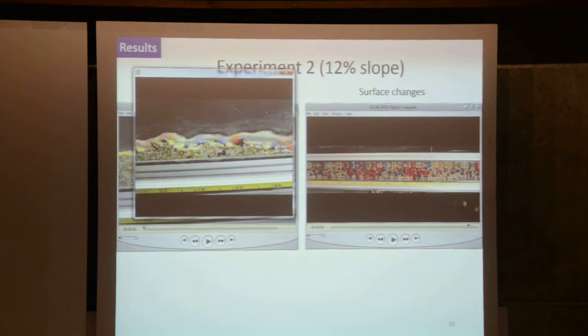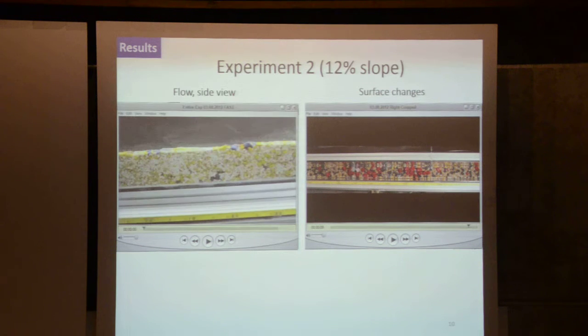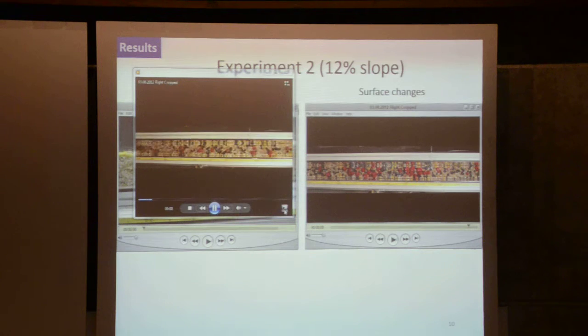Let me show another video. This is a series of photos taken from above, where we don't have flow when the pictures are taken, but basically showing again the evolution of grain sizes on the bed.